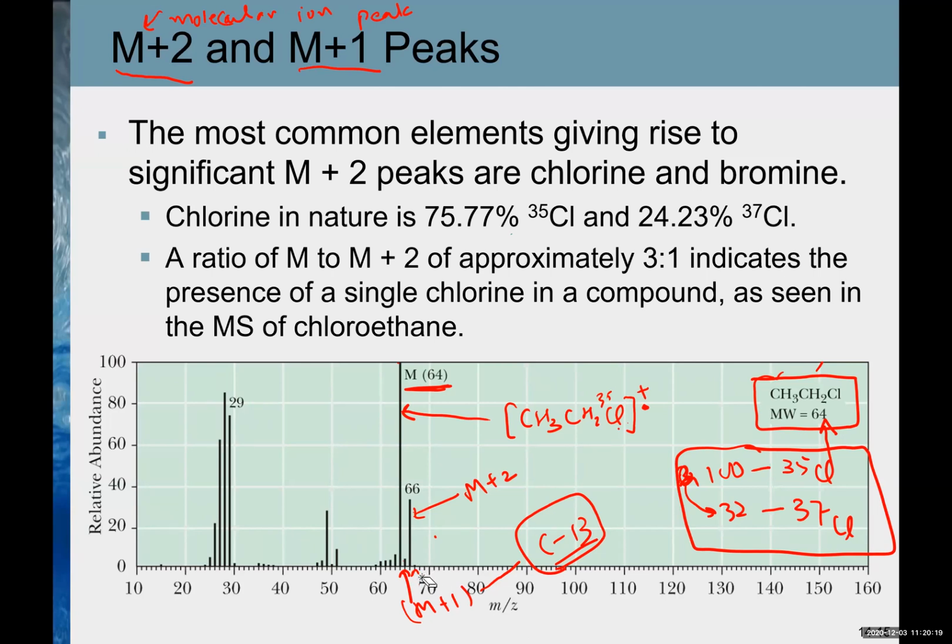So the M plus 1 peak is normally observed in case of carbon isotope replacement, and M plus 2 peaks are observed normally whenever we have either chlorine or bromine or sulfur.